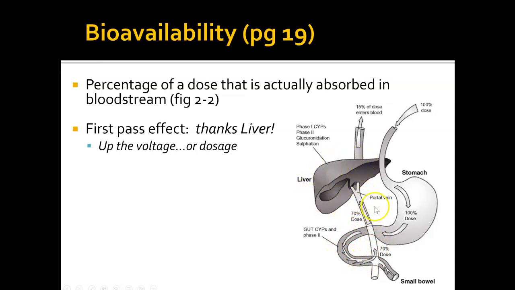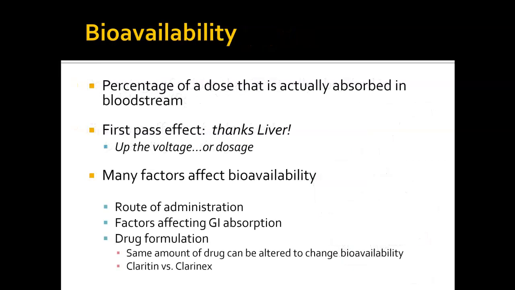At each stage, we're breaking parts and parts down, and we may only get a small amount of this drug into the bloodstream, and that's only the first time through, right? As it circulates throughout the body, it's going to come back through the liver, and even more is going to be broken down. You do need to know the first pass effect, and that's on page 19. Look at that, but it's a pretty self-explanatory process.